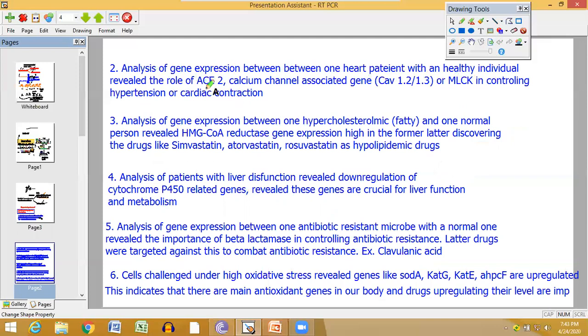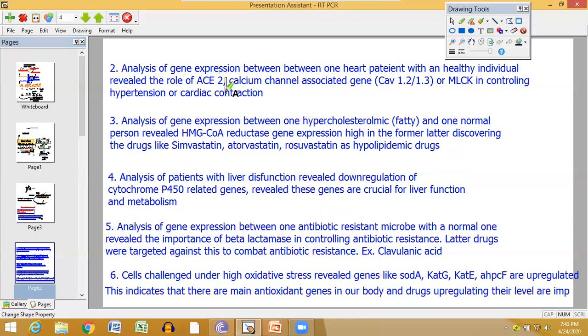So there are a lot of drugs called ACE inhibitors, angiotensin converting enzyme inhibitors or blockers, coming into the market, like captopril, enalapril, lisinopril, perindopril. All are very popular antihypertensive drugs. So if you compare one heart patient and a healthy individual, you can see that ACE2 expression in the heart patient is changed.